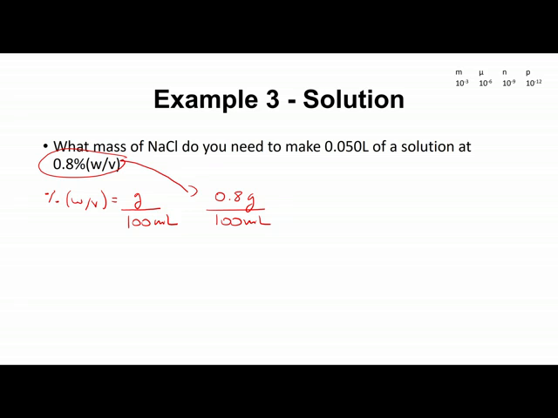This means that if you have to prepare 100 milliliters of a solution of sodium chloride at that concentration, you will take 0.8 grams. In this case, though, you don't have to prepare 100 milliliters, but you have to prepare 0.050 liters of it. So, as you can see now, the units here are milliliters, there it's in liters. You have to convert one into the other. Let's convert milliliters into liters. So how do you do that?